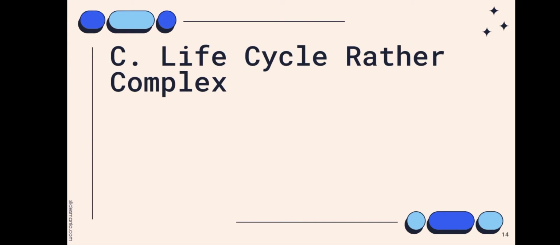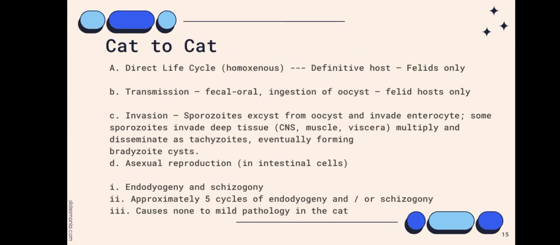The life cycle is rather complex in Toxoplasma gondii. First, cat to cat. The direct life cycle is homogeneous, with the definitive host only in felids. Next, the transmission: fecal-oral.